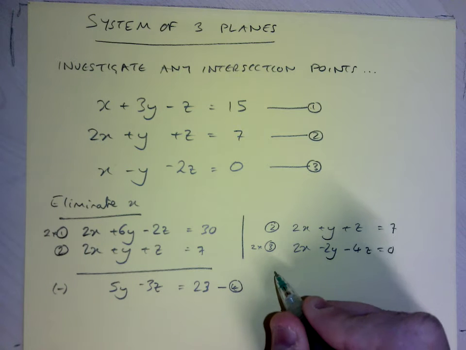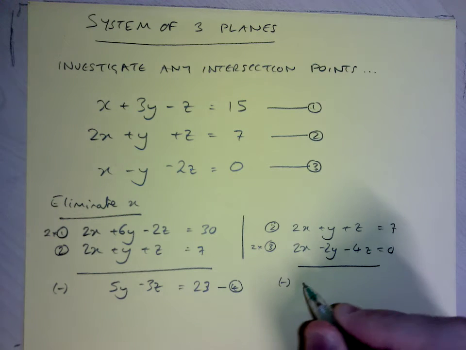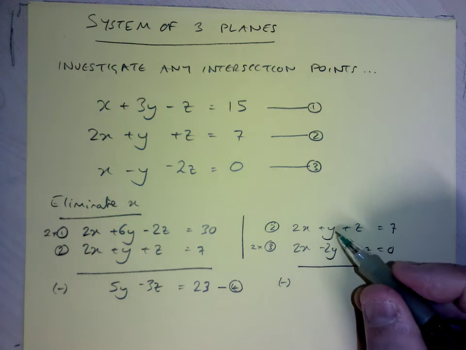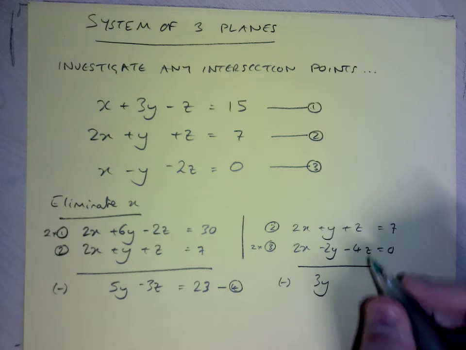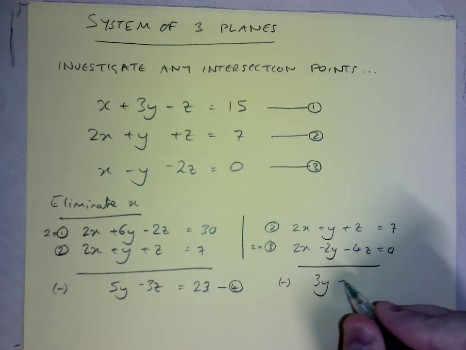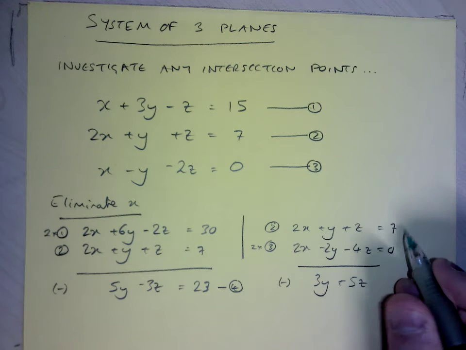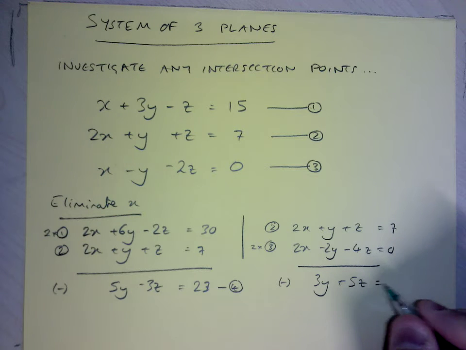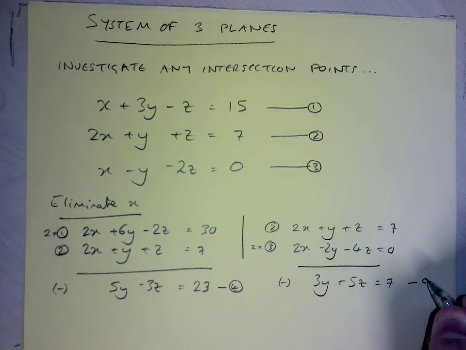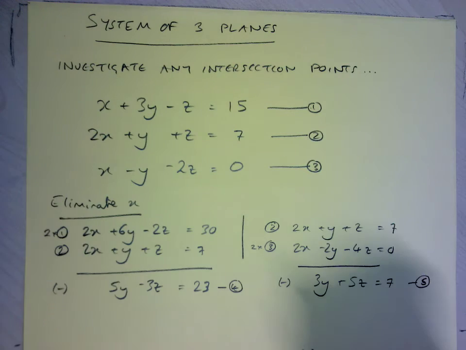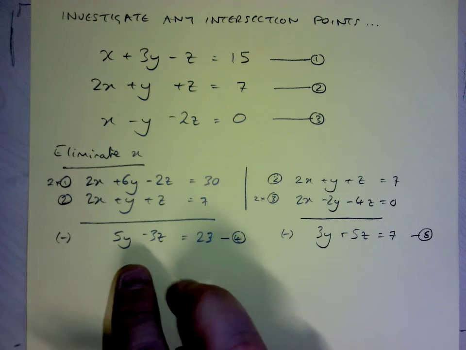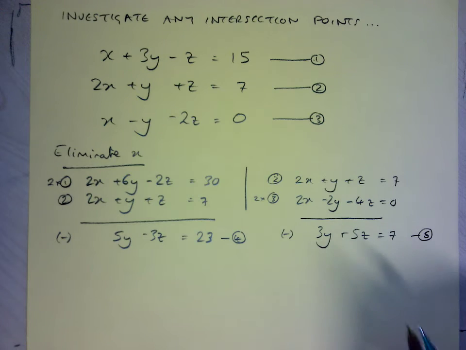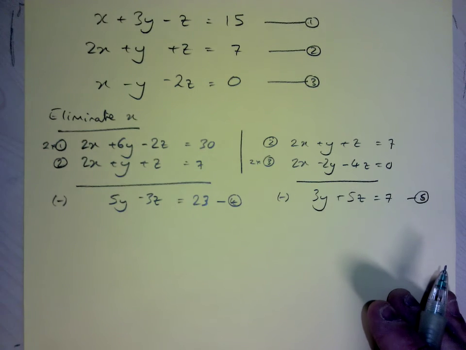And again, if I subtract those, I can eliminate the x's. y minus minus 2y is 3y. z minus minus 4z is plus 5z. And 7 minus 0 is 7. Call that equation 5. So what I've got now is I've reduced that system to two equations in two unknowns, so I can now set about solving these.